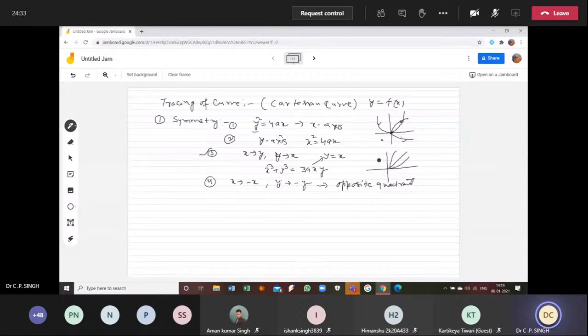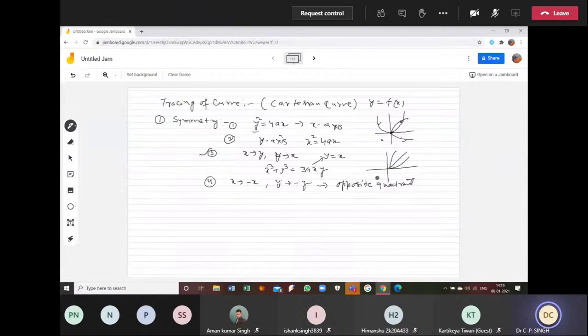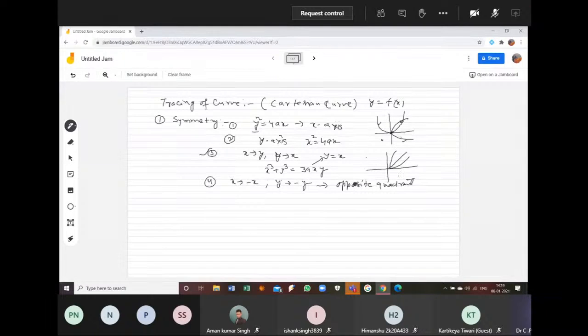Opposite quadrant means if the curve is there, then the same curve will be here also. This is the opposite quadrant.